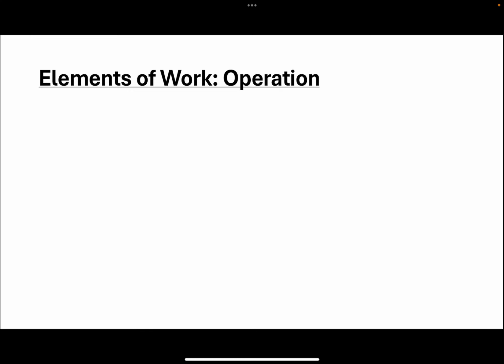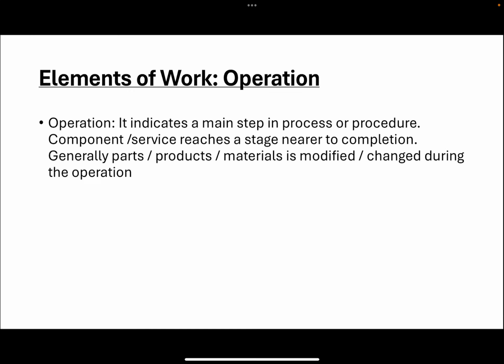So what do you mean by operation? Right. Operation indicates a main step in a process or procedure. That means the component or service reaches a stage nearer to completion. So you are doing some kind of operation so that it reaches a stage near to completion. That means either the part, product, or material is modified or changed during this operation.